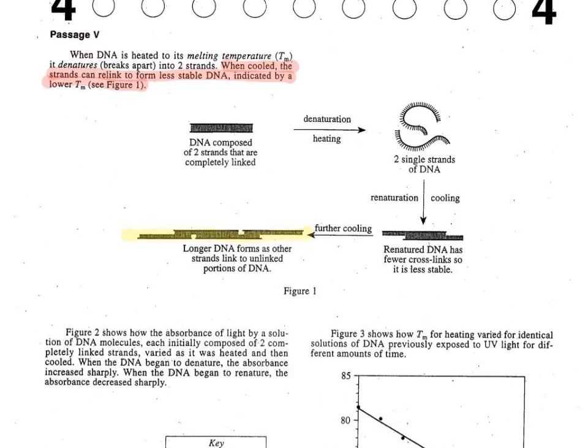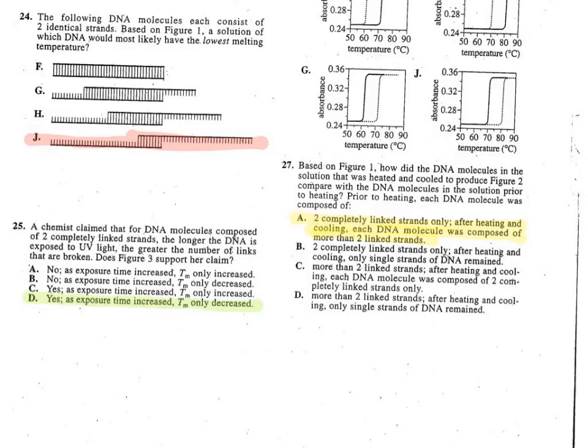We heat it, they unlink, it cools, and then they rebond, and then rebond more, but each time further cooling, they become less and less linked. Therefore, we're going to say that choice A, two completely linked strands only in the beginning. After heating and cooling, each DNA molecule is composed of more than two linked strands.